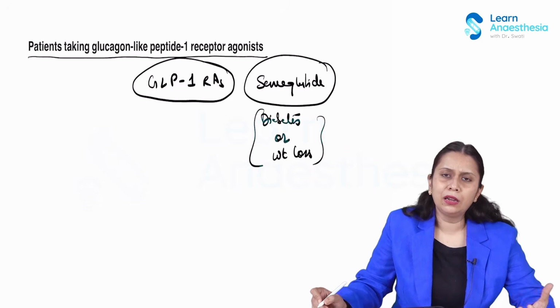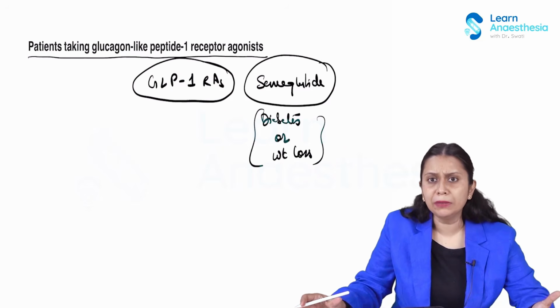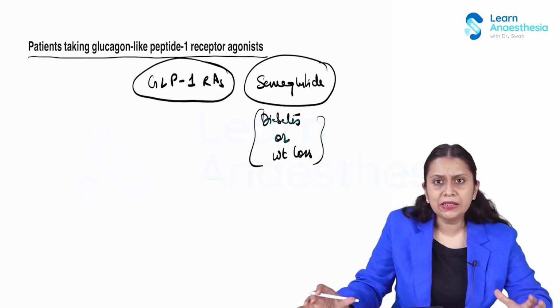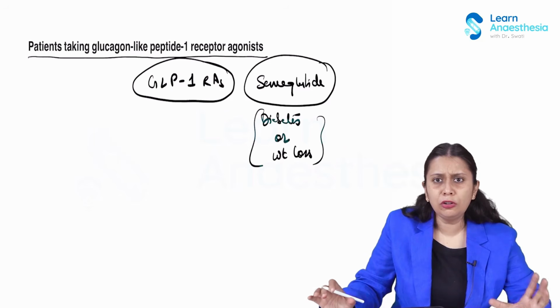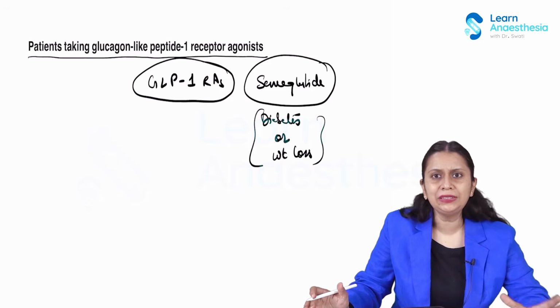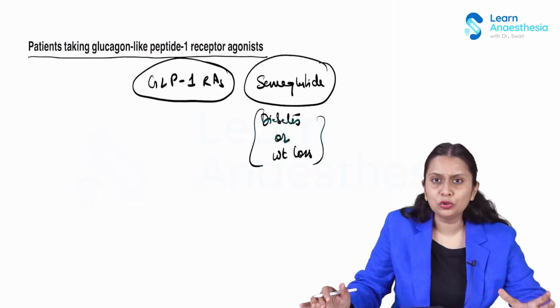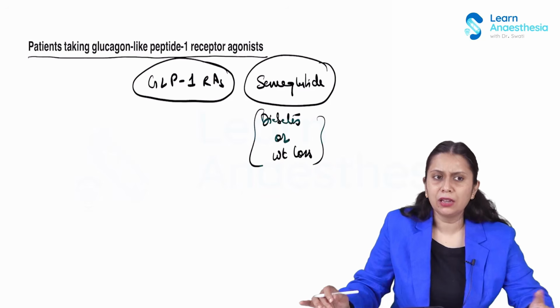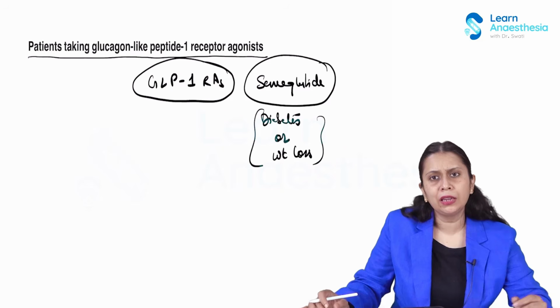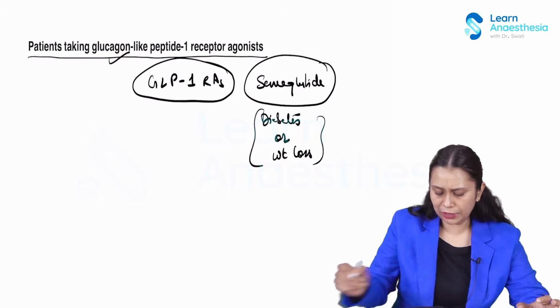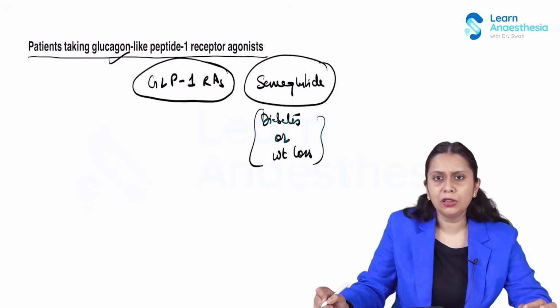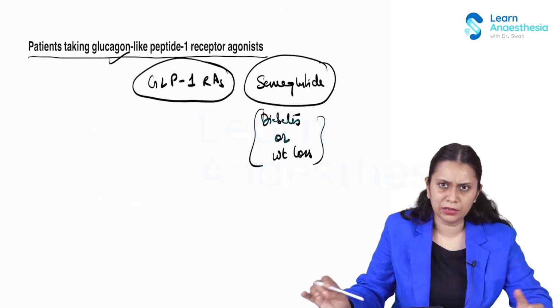It delays the gastric emptying time and increases the gastric residual volume. And there are not a lot of studies which tell us the best time to stop to minimize their ill effect. Some societies say that 24 hours prior to induction, we should stop the last dose of the glucagon-like peptide receptor agonist, but still it is not a clear-cut indication.